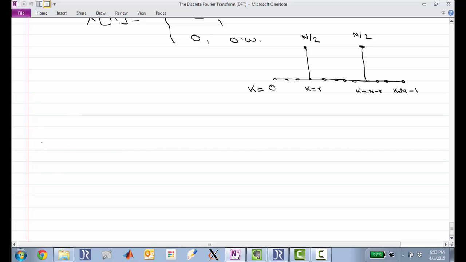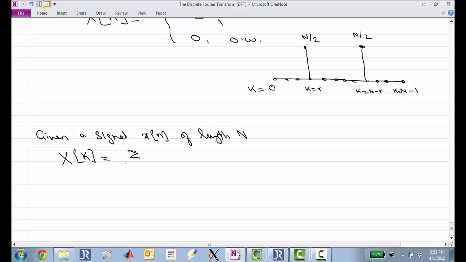So to remind you again, given a signal x[n] of length N, the discrete Fourier transform formula is the summation over n from 0 to N minus 1 of x[n] e to the minus j 2 pi k over capital N times little n.